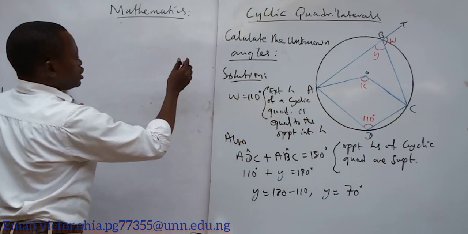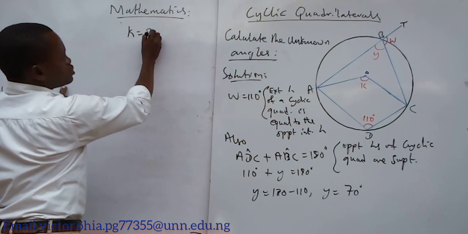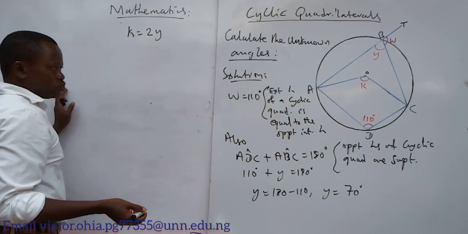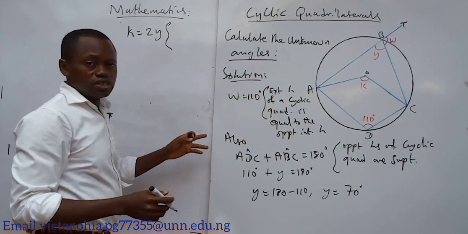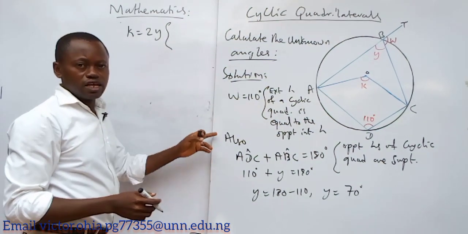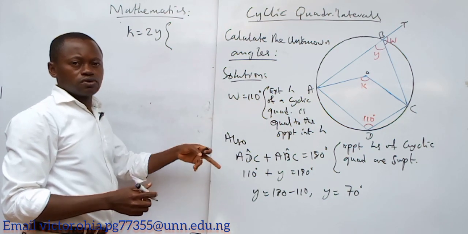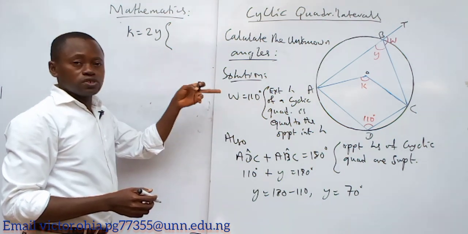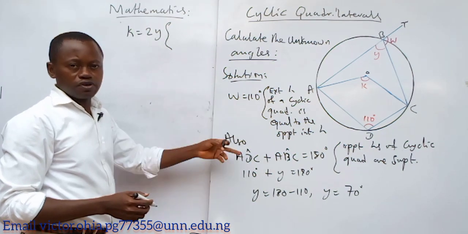So you realize that K is equal to 2 times Y. And where is this coming from again? We're also going to back it up because it has been shown in the last classes. The theorem is that the angle which a chord subtends at the center of a circle is 2 times the angle at any other point on the circumference of the circle.